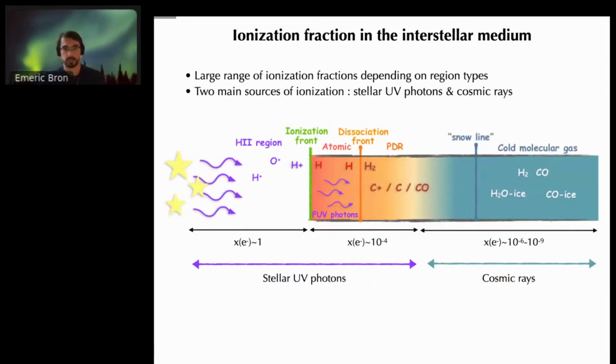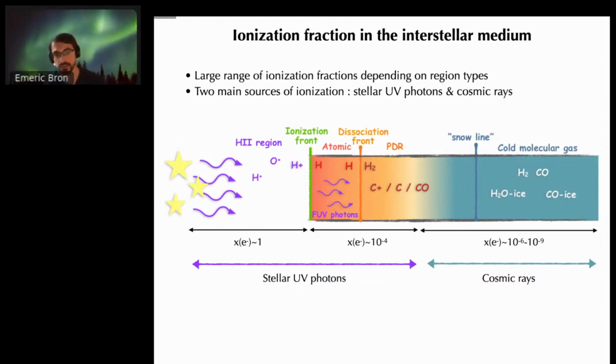In giant molecular clouds, this ionization fraction will vary by orders of magnitude, depending on how close we are to the ionizing radiation of stars. If we are very close to young stars, everything is ionized, so the ionization fraction is around 1.